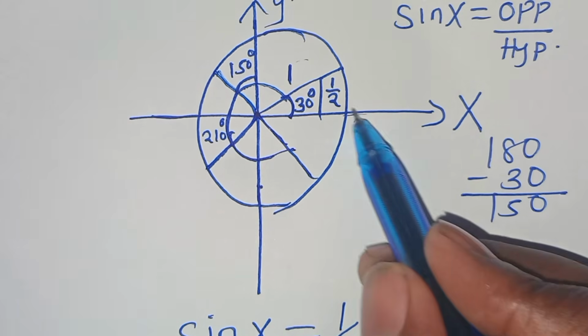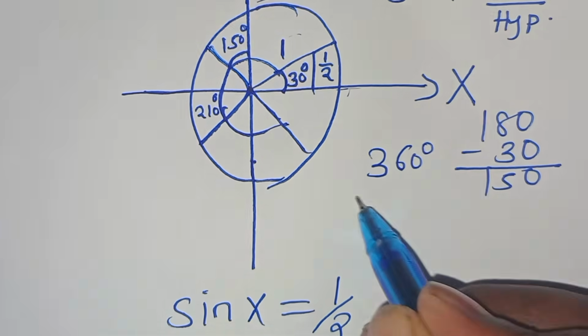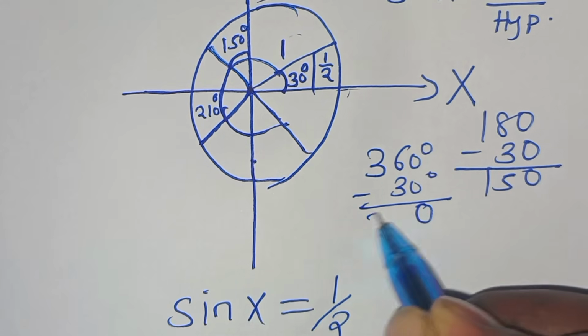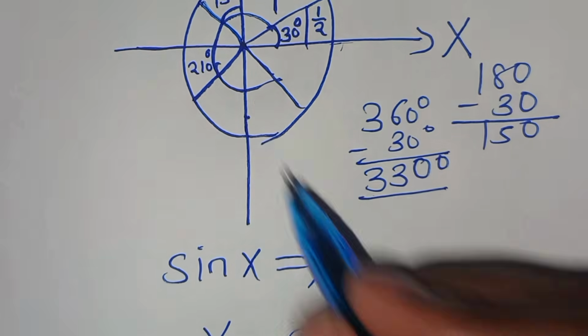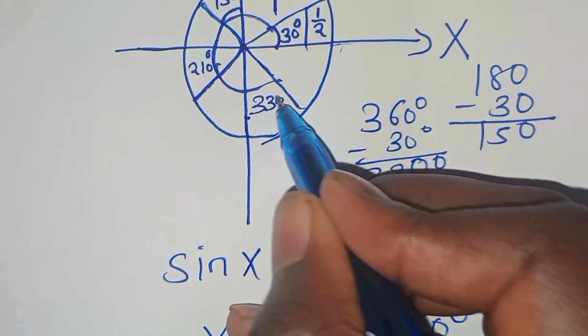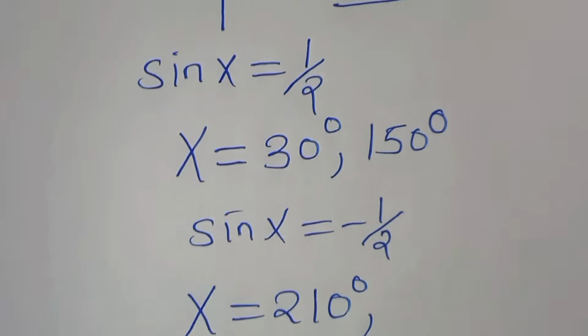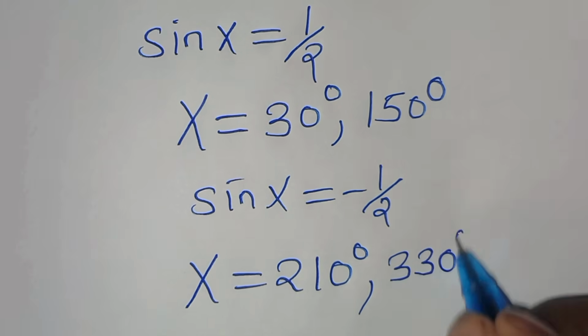We have 360 degrees minus 30 degrees. This means we have 330 degrees. And this implies that the other angle here is 330 degrees.